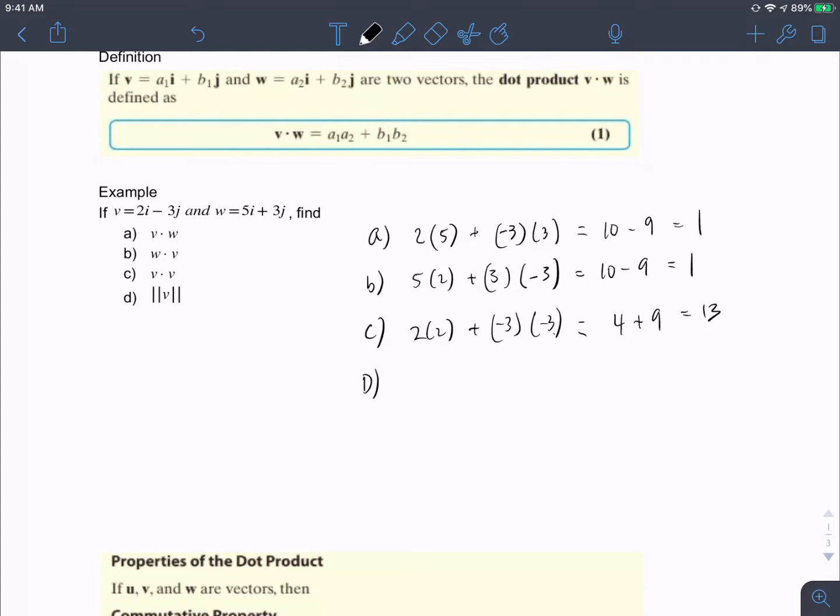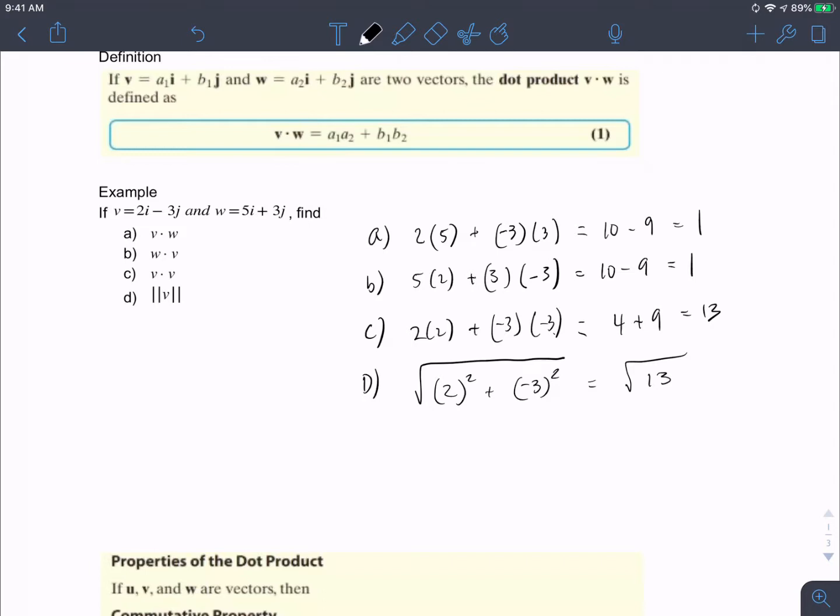And then D is an example of finding the magnitude. I want to show you something about this specifically. If we remember the magnitude, it's going to be the square root of the i component squared, the coefficient, plus the j component squared. And so that's going to give us the square root of 13.